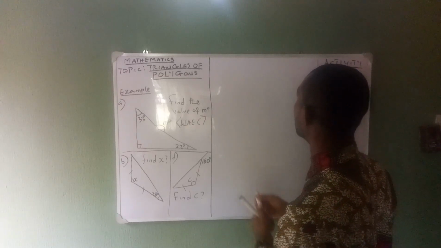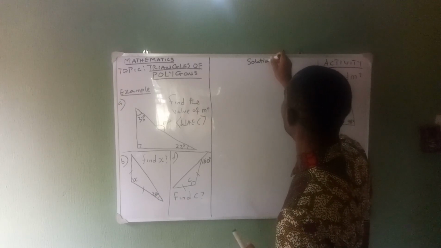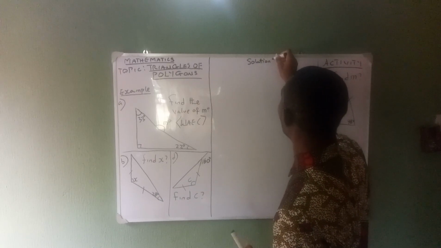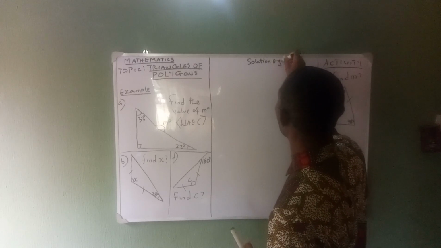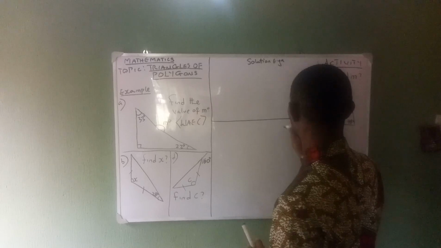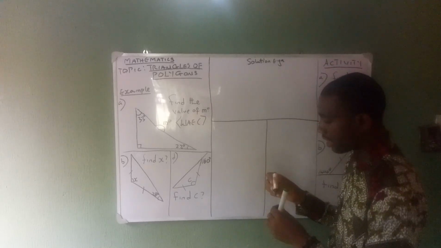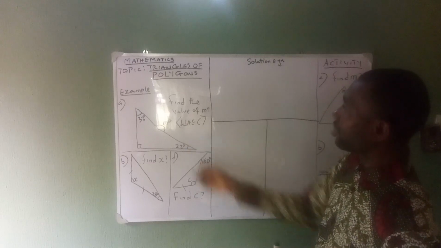Now we have the solution to example A. Solution to example A. Now in solving this, look at this triangle.